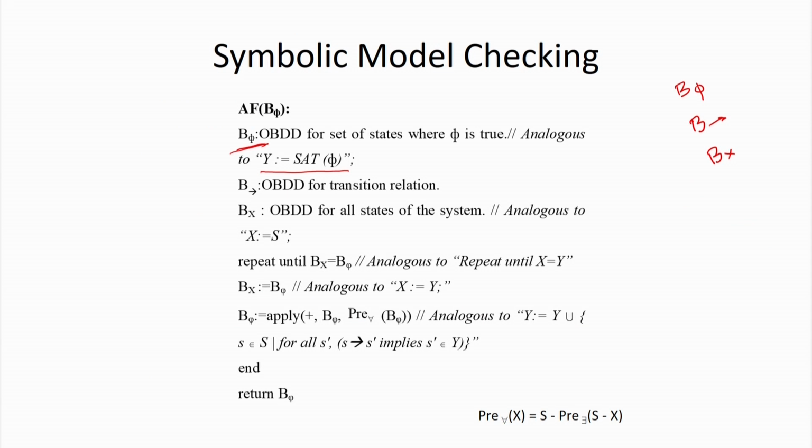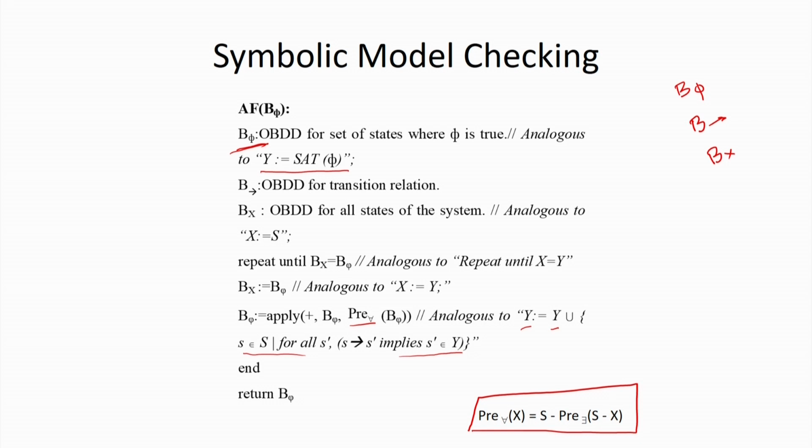Now, we are going to modify B phi. How? Apply plus on B phi and pre-for-all of B phi. This is analogous to appending to y the union of all states which satisfy this property. So, we are now using pre-for-all, and we know that pre-for-all can be captured by the relationship pre-for-all x equals S minus pre-exists (S minus x). So, we have a method for this.